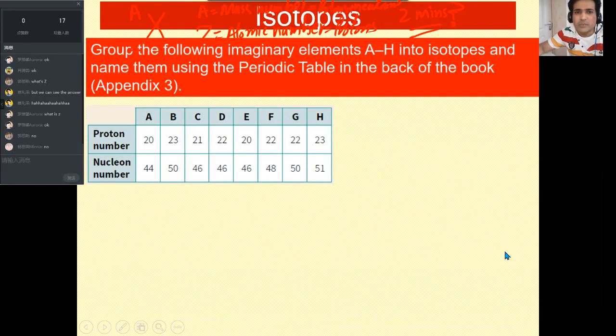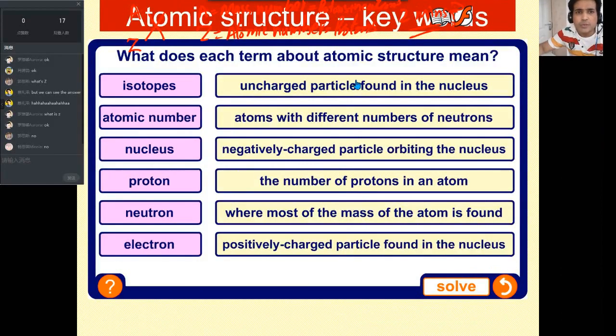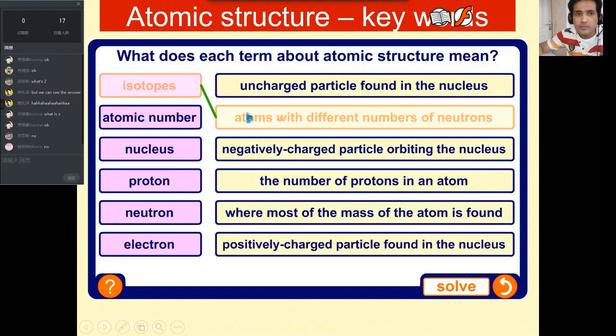Okay, here is one question. I will just leave this question because you are quite clear now. So let's do this exercise. Now let's do this exercise. Isotope, I will select for you. If I do something wrong, just let me know. Okay, so isotopes. Atomic number, you can also do by yourself. You can have a look at this one.